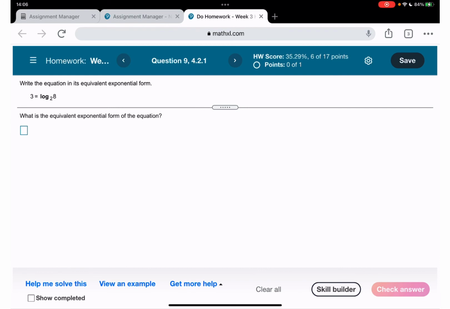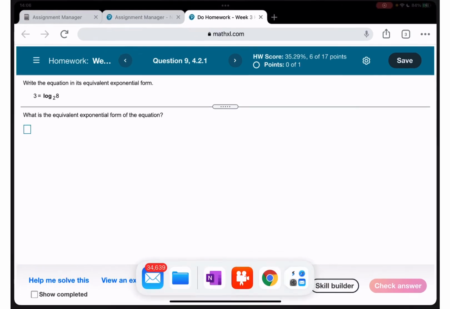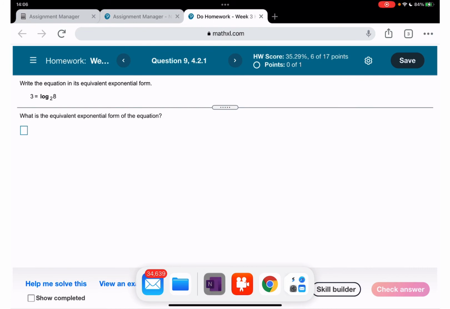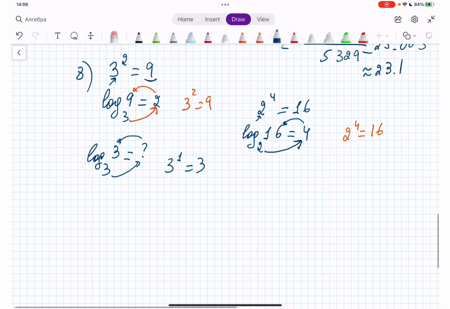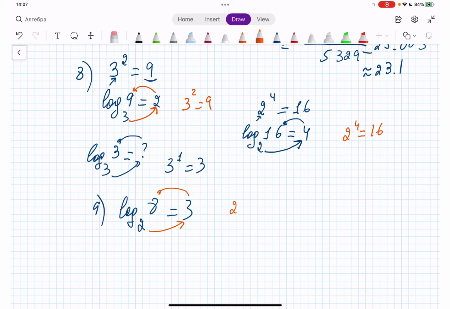We have 3 is equal logarithm 8 by base 2. So we need to rewrite. Let me write it down here: logarithm 8 by base 2 is equal 3. So if I want to write it in the form of exponent, I'm going to take 2 to power 3 is equal 8, right?